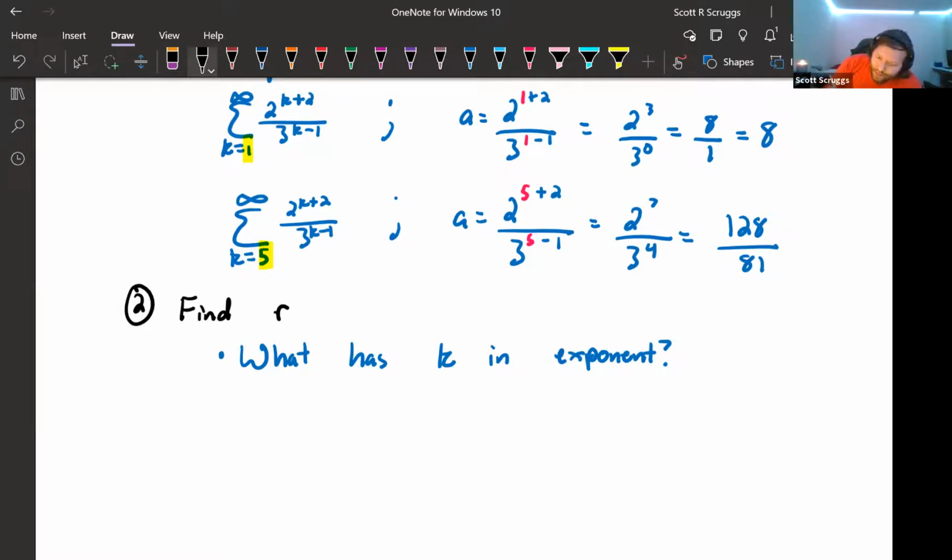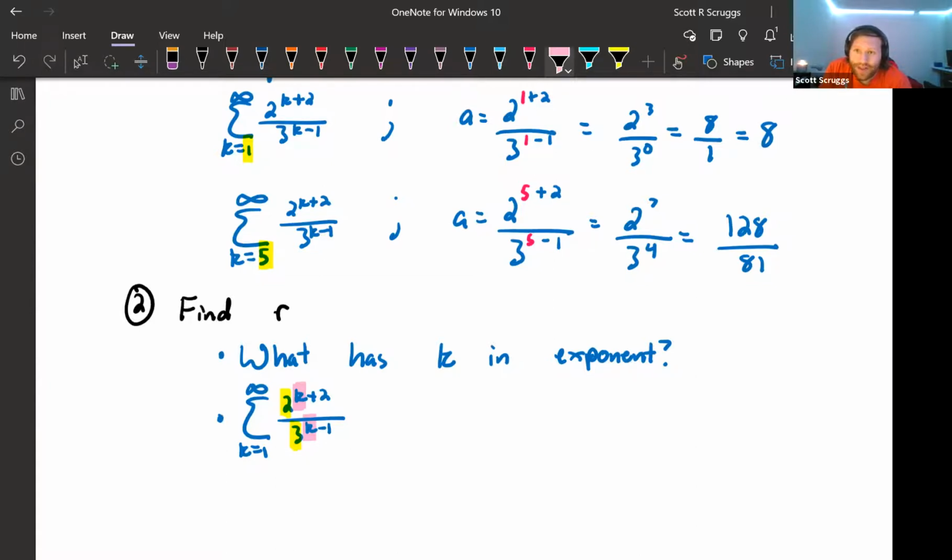So let's go back to illustrate, and let's do the 2k plus 2 and 3k minus 1 again. Here, the 2 and the 3 are the two components that have a k in the exponent.